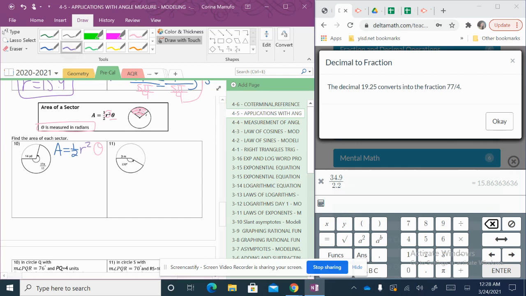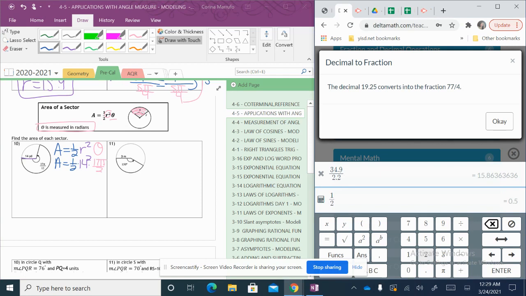Okay, so if we look here, my radius is going to be 14, so we're going to do 14 squared. And then my angle is 17 pi over 12. So area equals 1/2 times 14 squared times 17 pi over 12. So I'm going to go ahead and put that in my calculator. So 1/2 times 14 squared times, make my fraction.